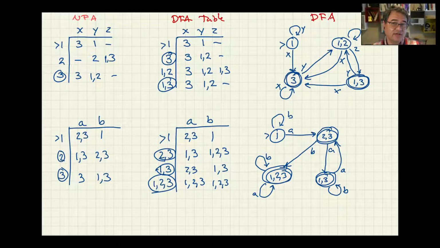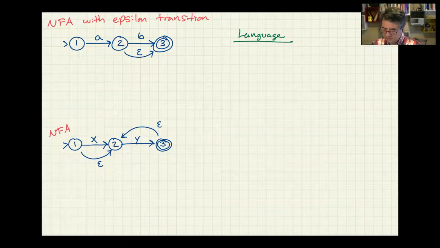So let's move on, and I'm going to show you a new concept. And these are NFAs with epsilon transitions. You can see right here, I've got this transition that's labeled with an epsilon, which means that following that transition doesn't consume any characters in your input string.